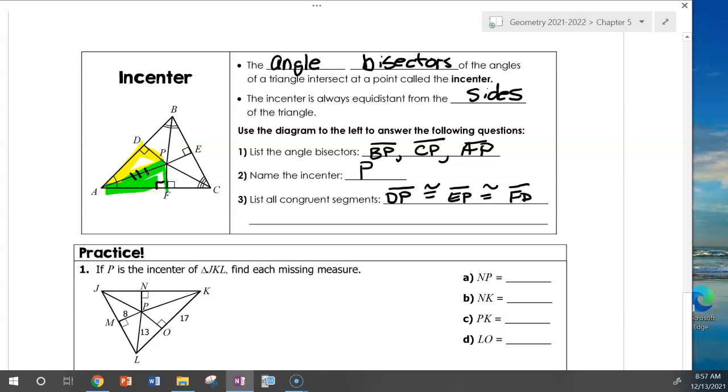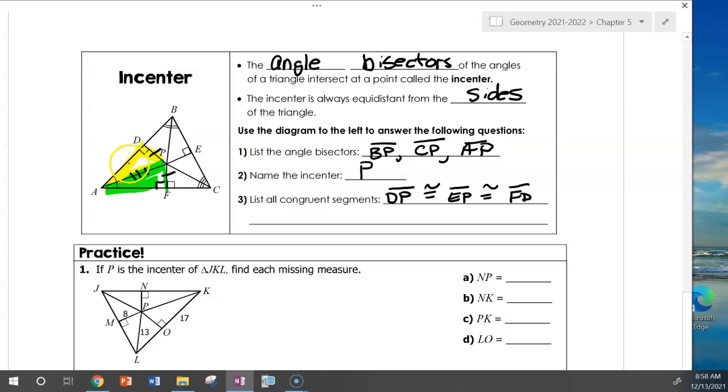I also have PD congruent with PF, and I have right angles in here. So this is hypotenuse leg. That means that my yellow triangle and my green triangle are congruent.